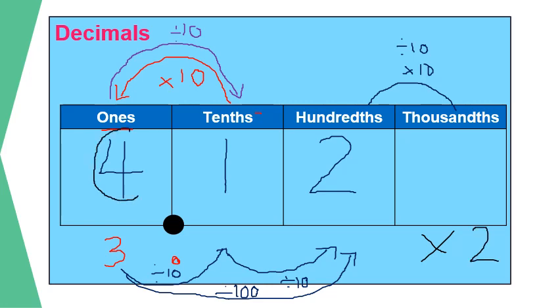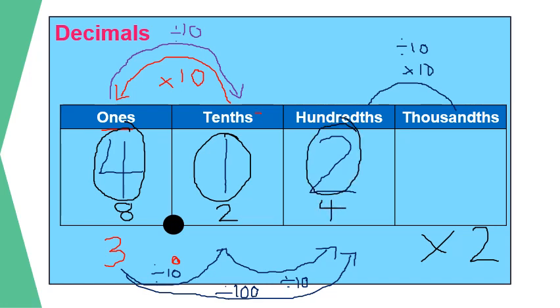Each of these place values is going to be multiplied, so the 4 will be times by 2, so that becomes 8. The tenths is times by 2, so that becomes 2, and the hundredths is times by 2, and that becomes 4. So it's really important that when you're multiplying or dividing by a number and you've got decimal places, those are also operated on by that operation that you're doing.